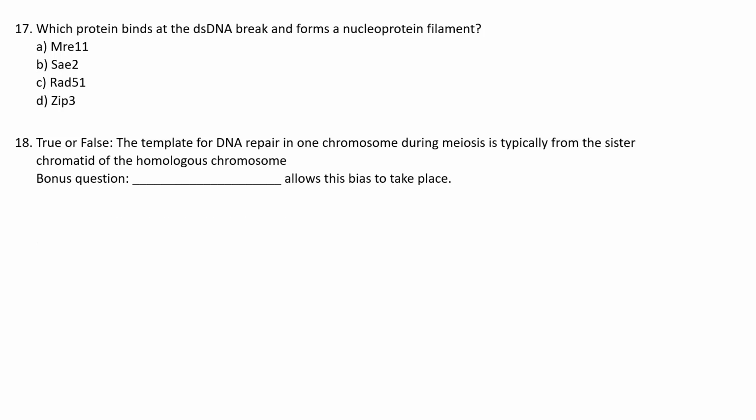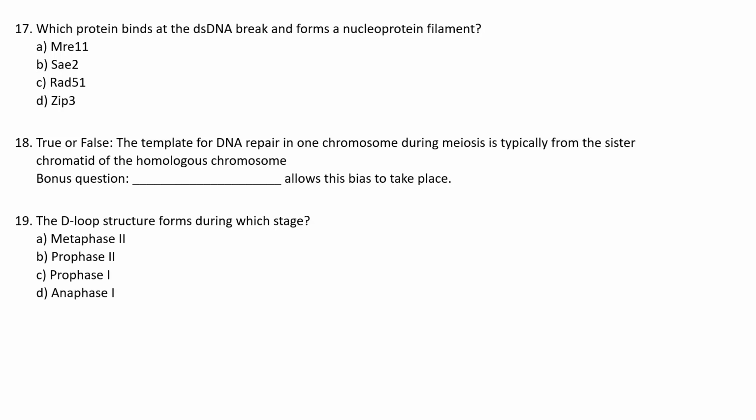Okay, question 18. I was talking about the D loop earlier. In which stage does this D loop structure form, or where will you be able to see this D loop structure? Anyone?